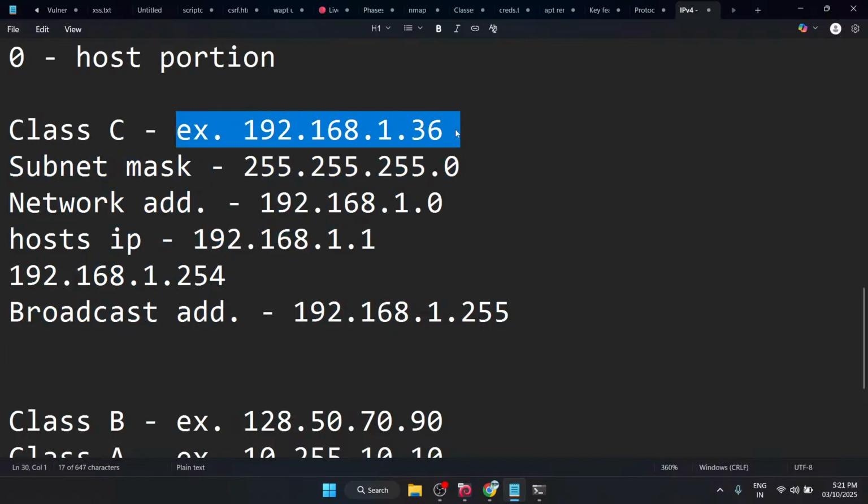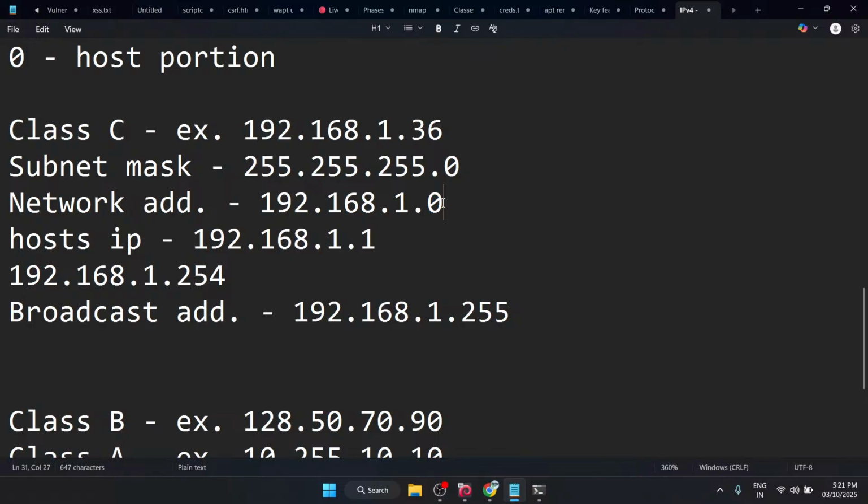So we took an example IP. Here's the subnet mask of that IP, and the network address is gonna be 192.168.1.0 because 3 octets represent the network portion. So these 3 octets will remain the same and the last octet will become 0. In the broadcast address, the 3 octets will again stay the same because of the subnet mask, but the last octet will become 255.